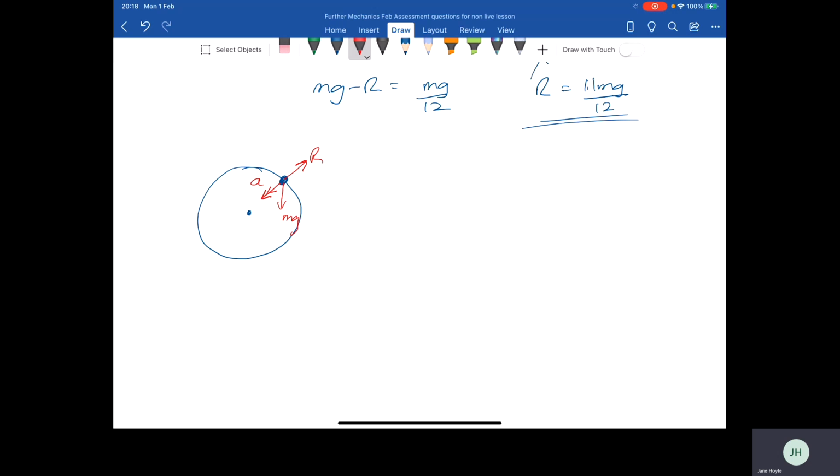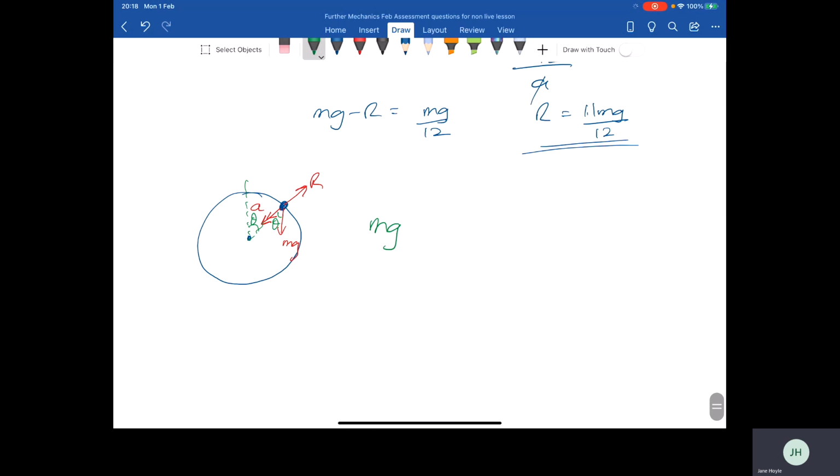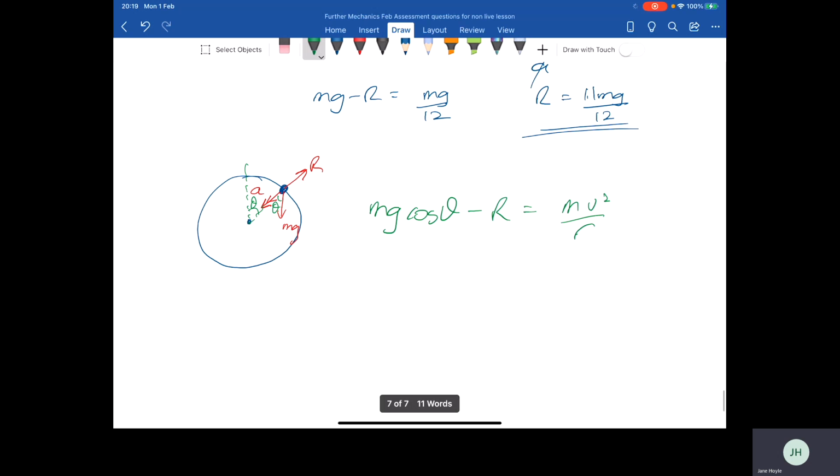Resolving towards the center, you would generally have an angle, and that angle there is the same as that angle there. So you would say that mg cos theta minus R is equal to ma, so v squared over r, usually you'd get that. So instead of just plain old mg acting there, you would have mg plus some component. I think it's normally the cosine component, but of course it depends on where they define your angle.